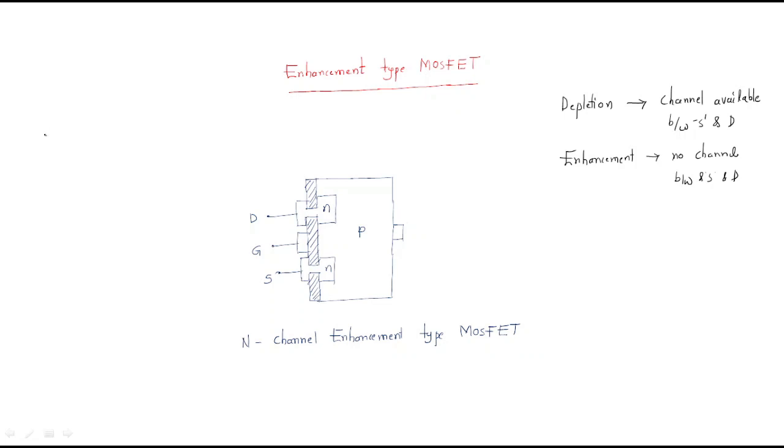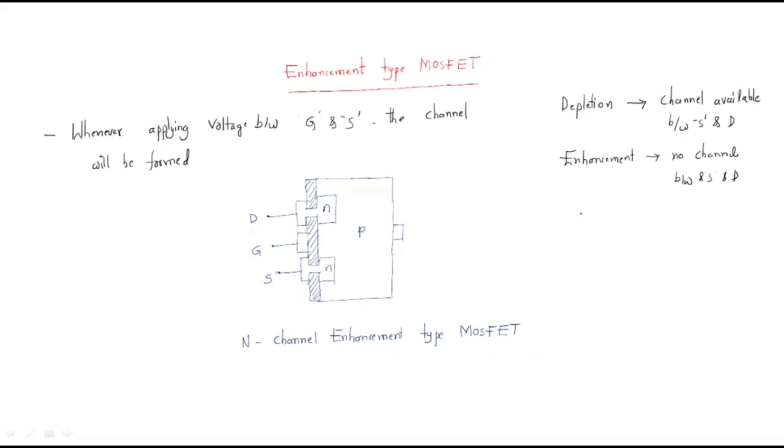So we should write here, whenever applying voltage between these two terminals, that is gate and source, the channel will be formed. So by using this channel, we will operate this enhancement type MOSFET.